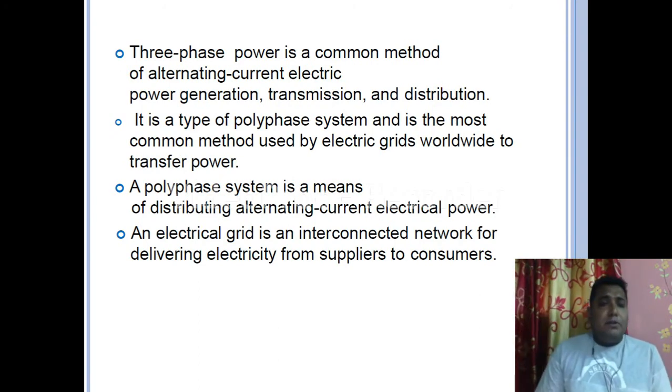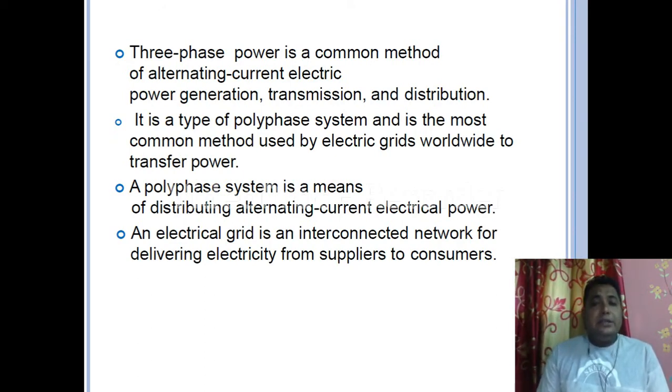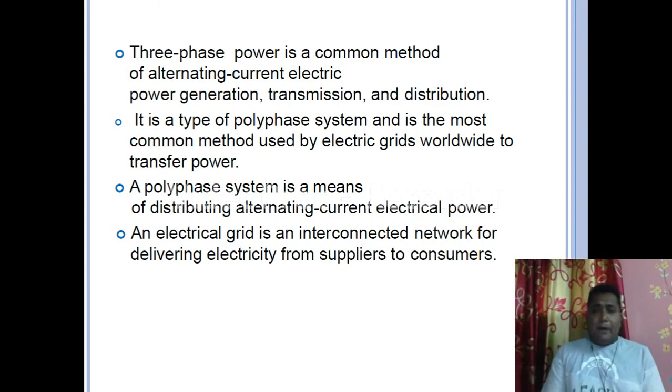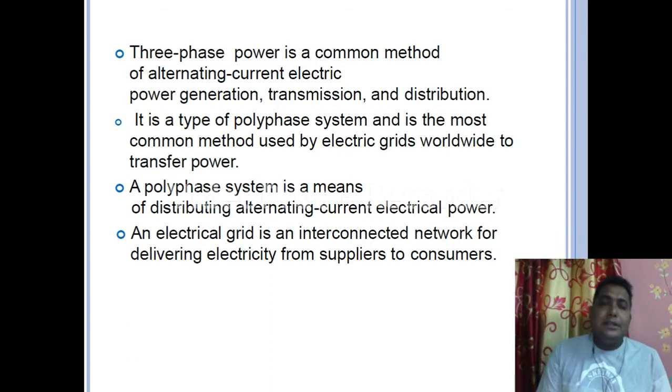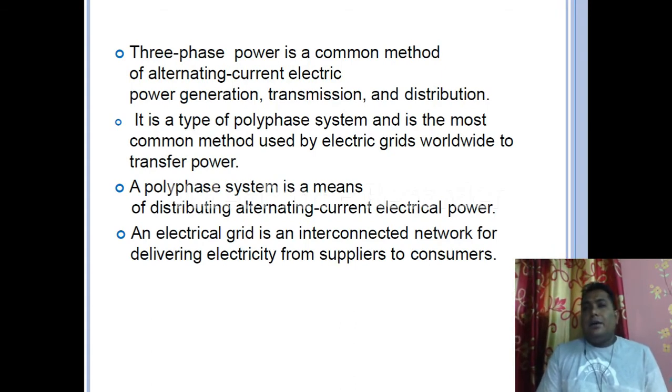Okay, point number two: it is a type of polyphase system and it is the most common method used by electric grids worldwide to transfer power. It is a very important, very interesting point. Say in India, there are different states and some private companies generating power.